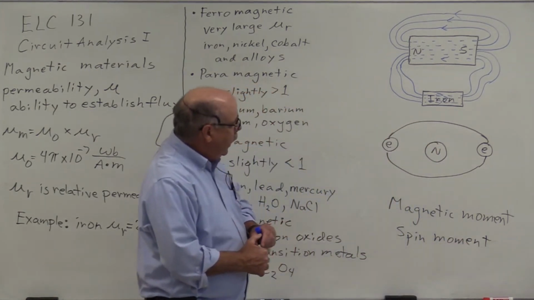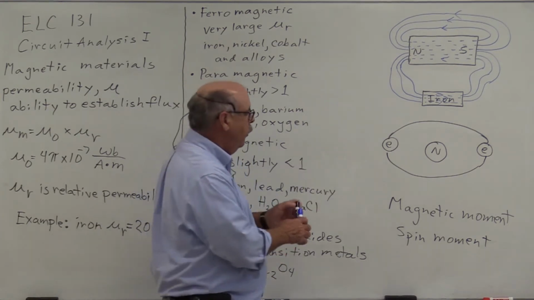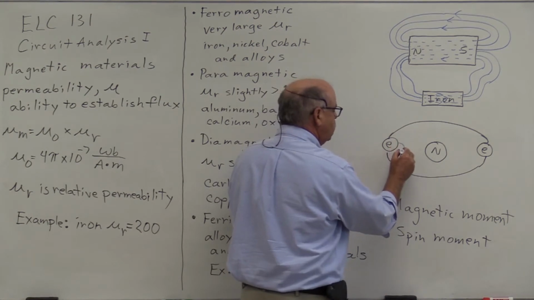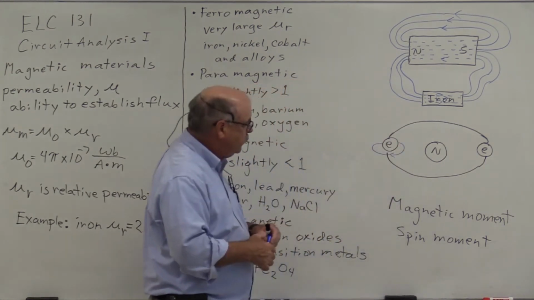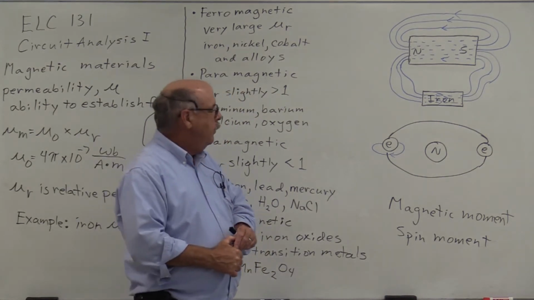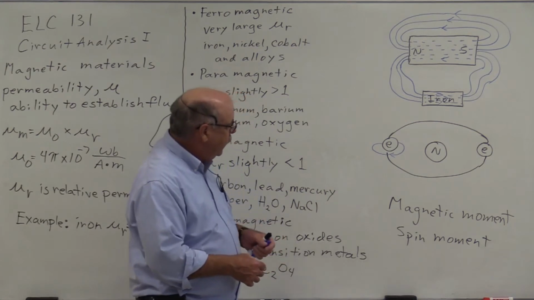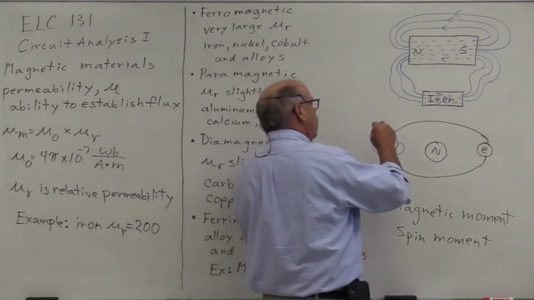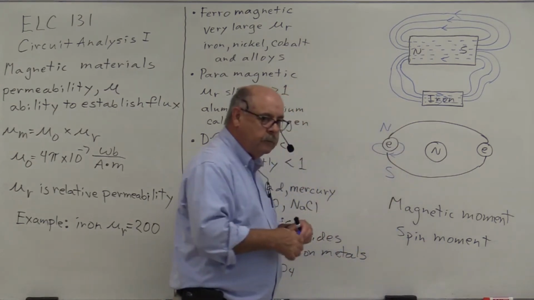So we look at this electron, and it's actually spinning on an axis here. And let's say, for example, this electron is spinning in that direction. So this electron will have a magnetic moment that is north to south.